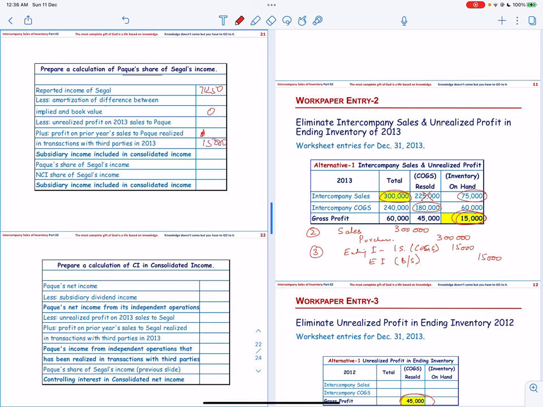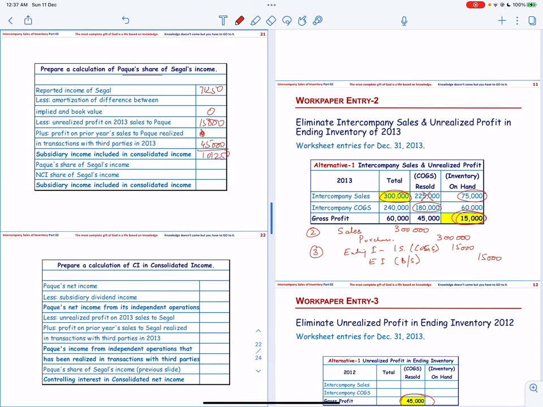So the subsidiary plus the 15,000, plus the profit of prior year sales to P realized in transactions with the third parties, that was 45,000. So this is equal to 101,250.